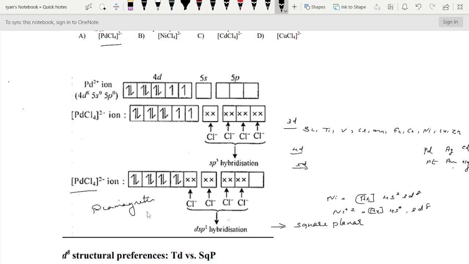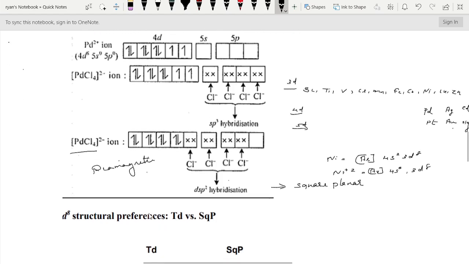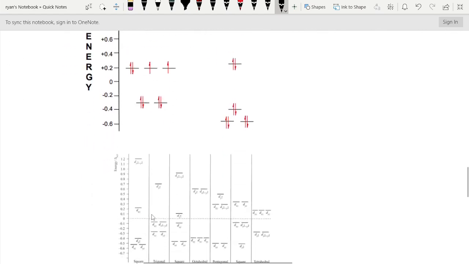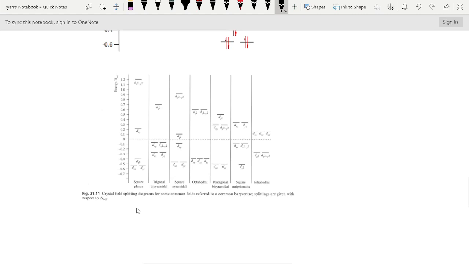Here all 8 electrons are paired in lower energy orbitals. Here is the crystal field splitting diagram of square planar, trigonal bipyramidal, square pyramidal, octahedral, pentagonal bipyramidal, square antiprismatic and tetrahedral. Everything I have given over here.